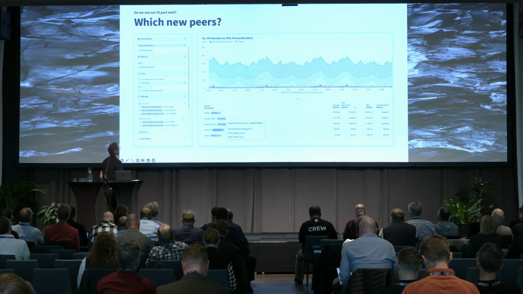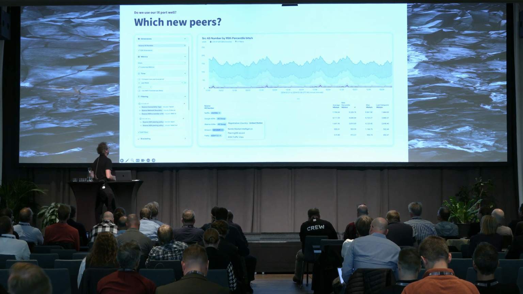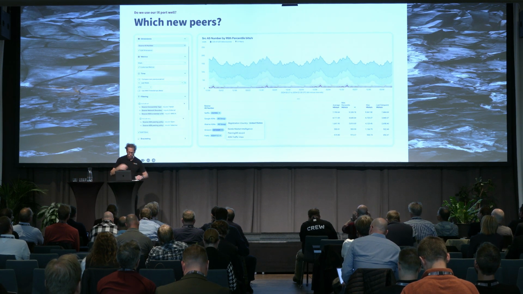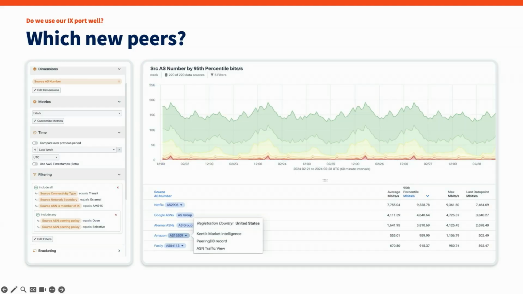We're still looking at whether we are using that internet exchange well. Are we doing good there, or could we still optimize that? So we looked at the providers. If you look all the way up, we changed the dimension from source provider to source network. So now we actually know who the networks are that are sending that traffic.